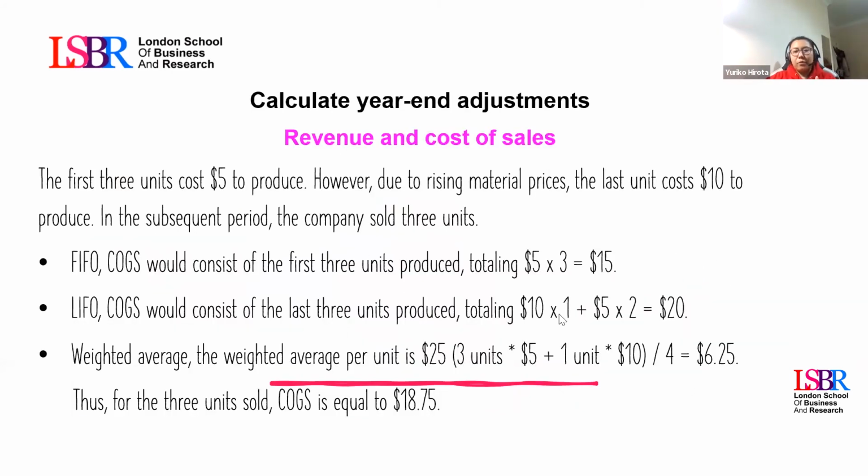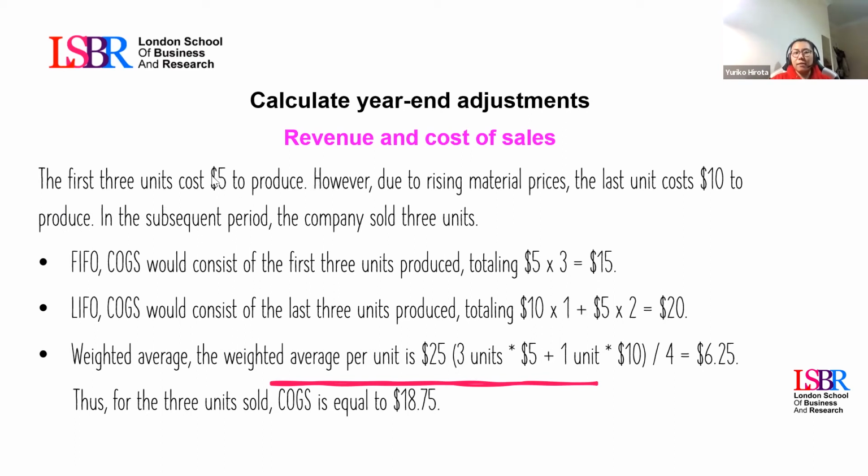This is an example in which we can use these different evaluation methods. Imagine the first 3 units, the unit cost is £5, $5, whatever currency you want, to produce.